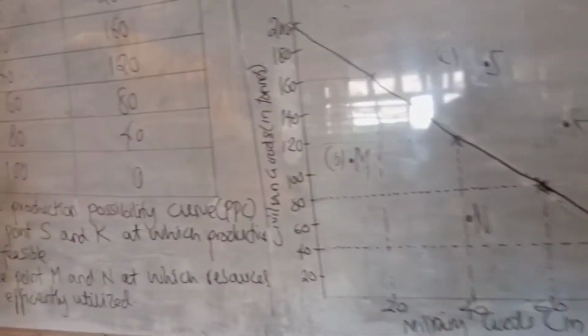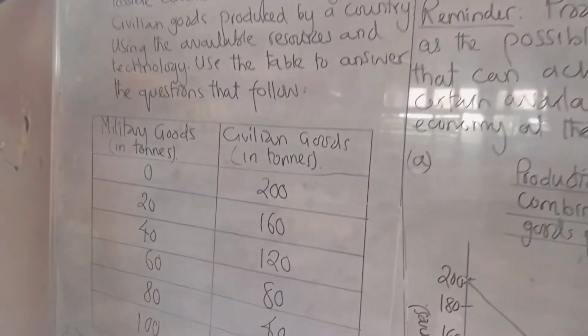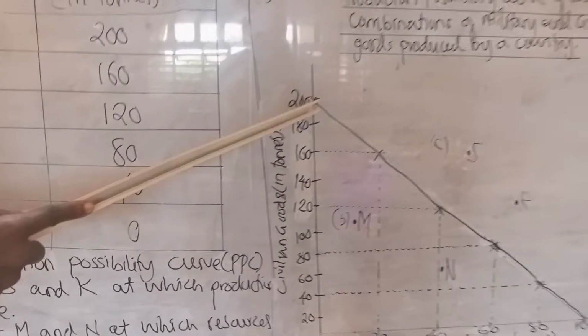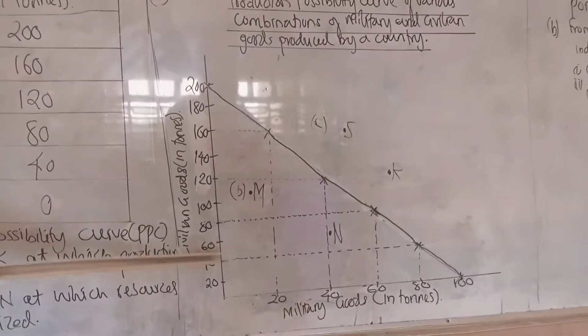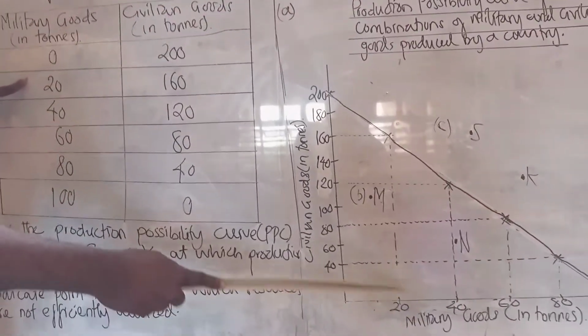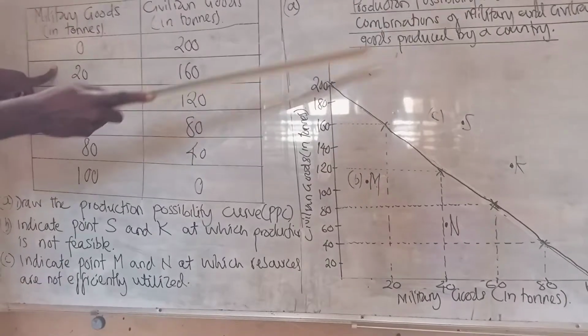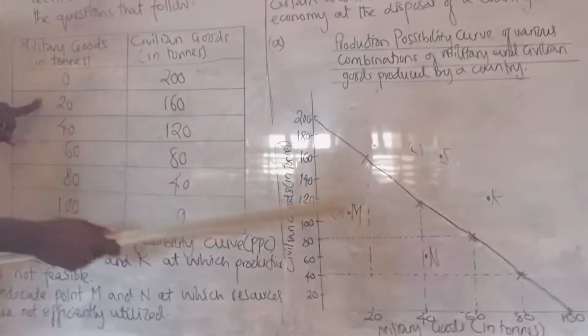Now let's go. When your military good is 0, your civilian good is 200. When your military good is 0, your civilian good is 300, which is on the y-axis. When your military good is 20, your civilian good is 160. You trace to where it meets the intercept between civilian and military good.